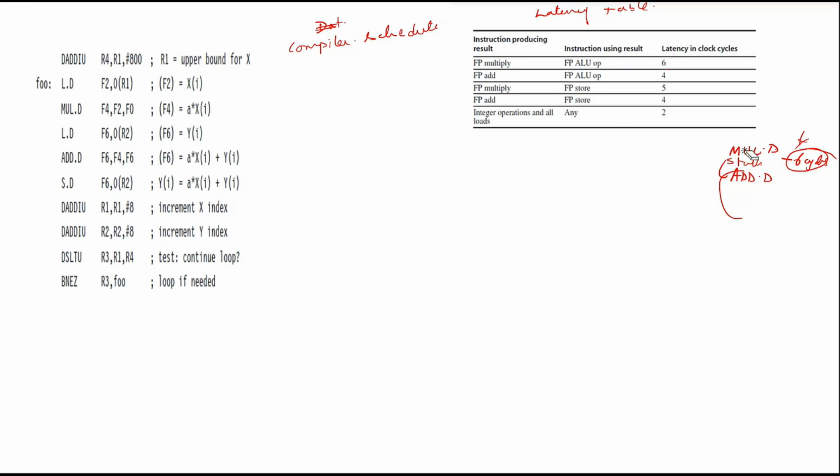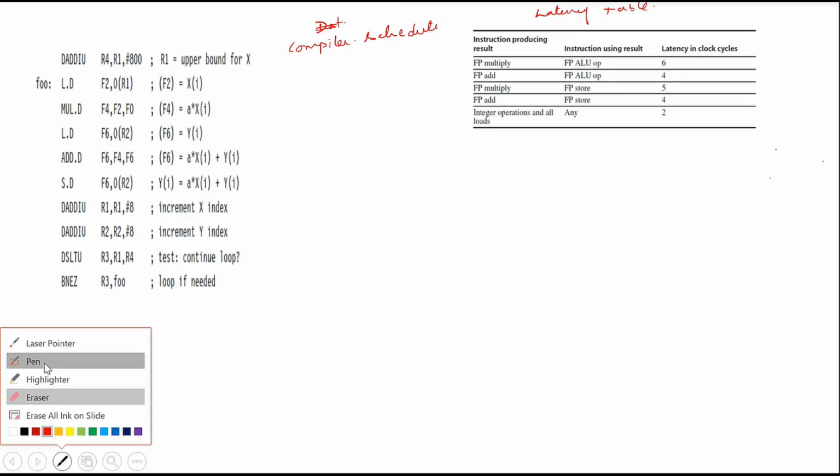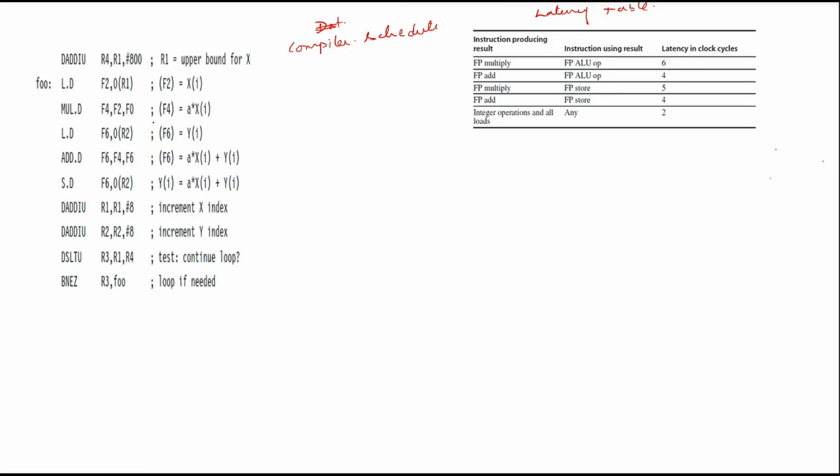So if you take this problem, be careful. One common mistake is to just roughly look and assume that load is followed by mul is followed by load. Don't go with that assumption.